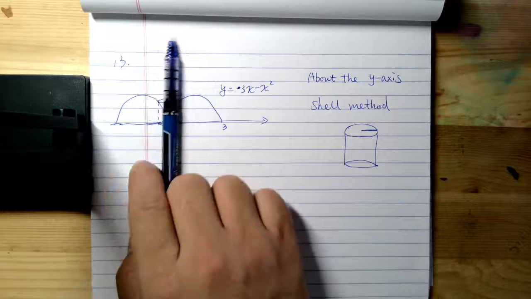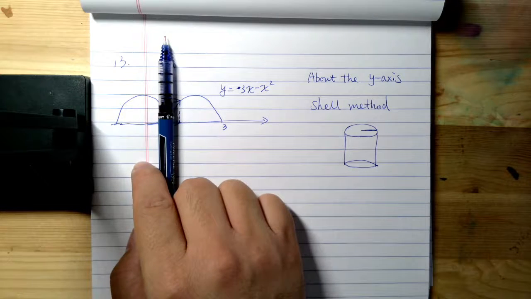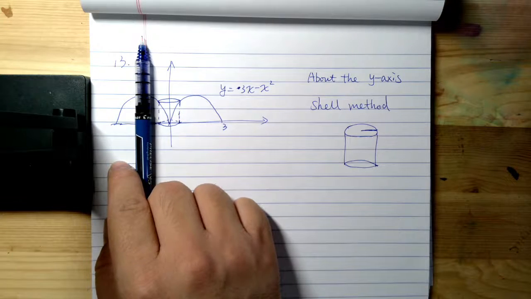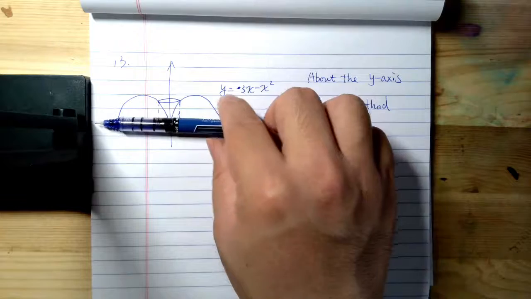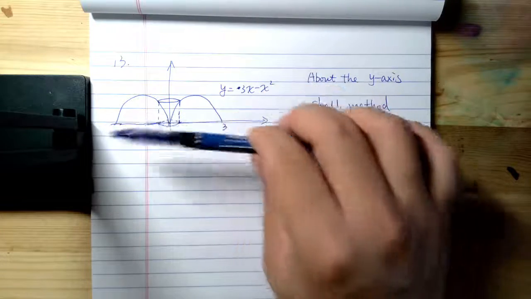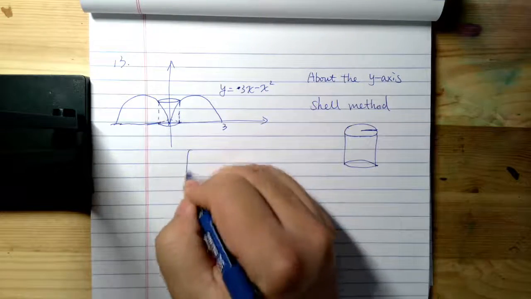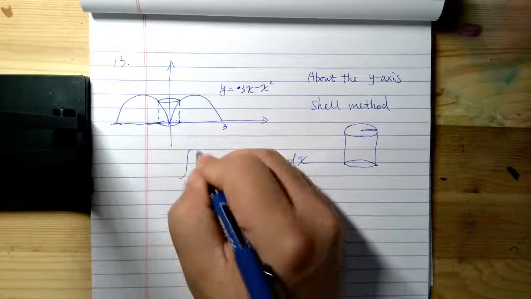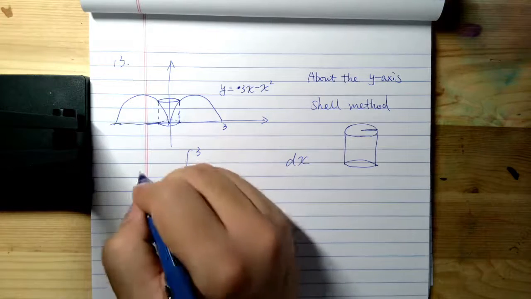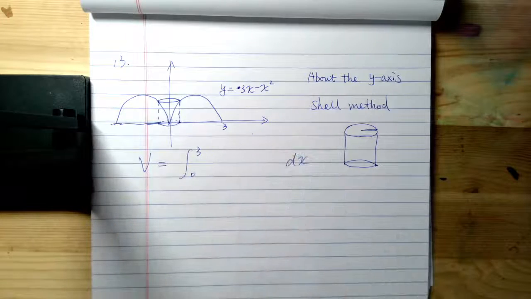If you revolve about the y-axis or a vertical line, you know that the corresponding axis perpendicular to the revolving axis is the x-axis. So then the shell method is going to be in terms of x. That's the first thing you need to be very, very clear about.